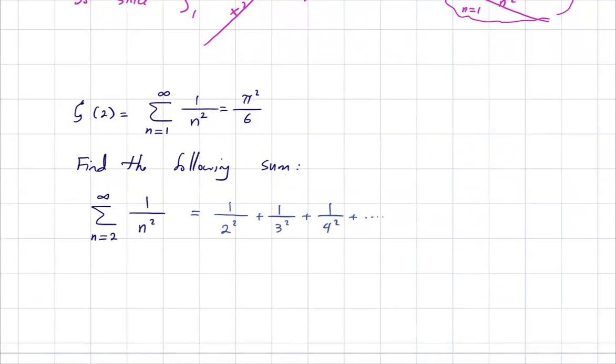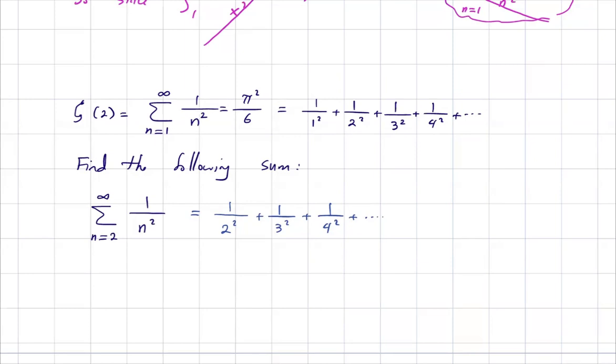If I go back to my zeta function, it is 1 divided by 1 squared plus 1 divided by 2 squared plus 1 divided by 3 squared plus 1 divided by 4 squared plus the rest of the terms. So if you had the 1 in your summation, you could say that I already know the value, pi squared over 6.